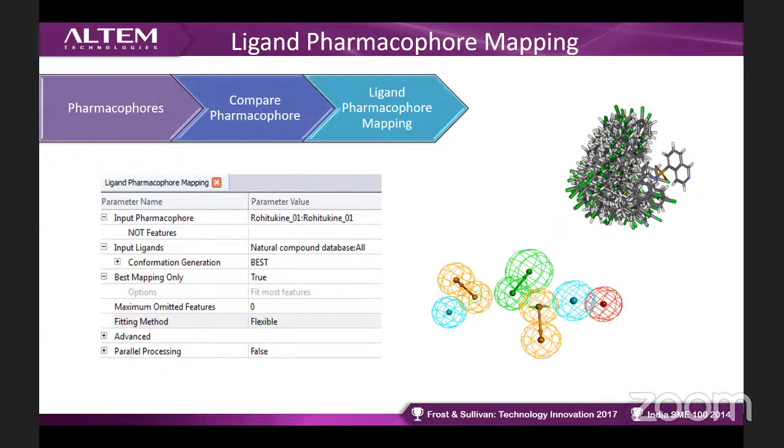Input the pharmacophore of your ligand and select the molecules, whether ligands or a database, which conformation method you want to introduce, and which type of mapping, best or least, you can mention. Flexible method means you're giving flexibility to your molecule. If you want to omit any of these features, you can mention that, or if you just want to take it as is, you can do that also.